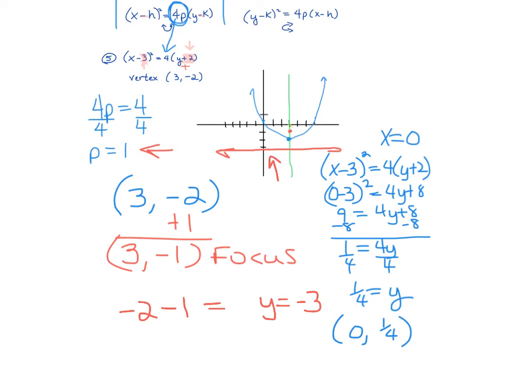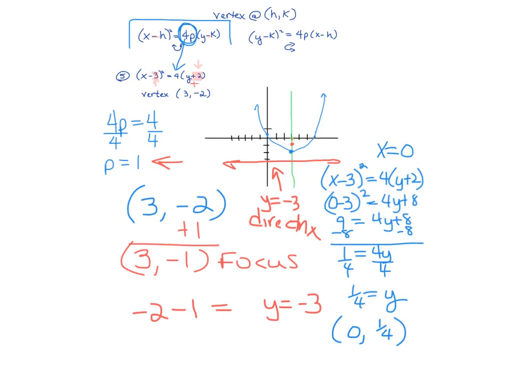And that would be the equation for your directrix. So that is when the vertex is not at 0, 0. Again, the p-value tells you the distance away from the vertex.